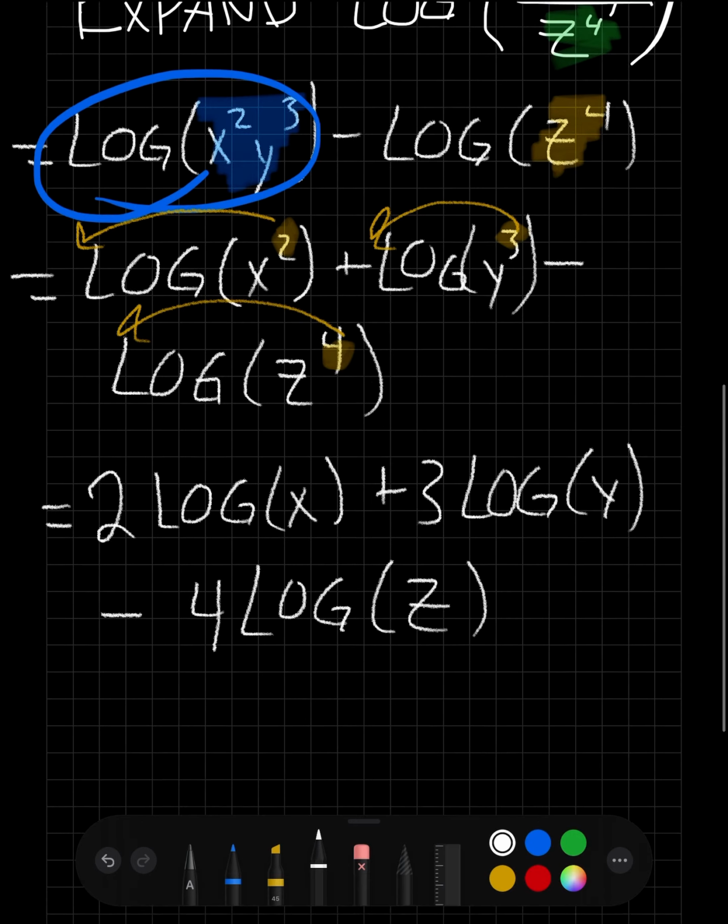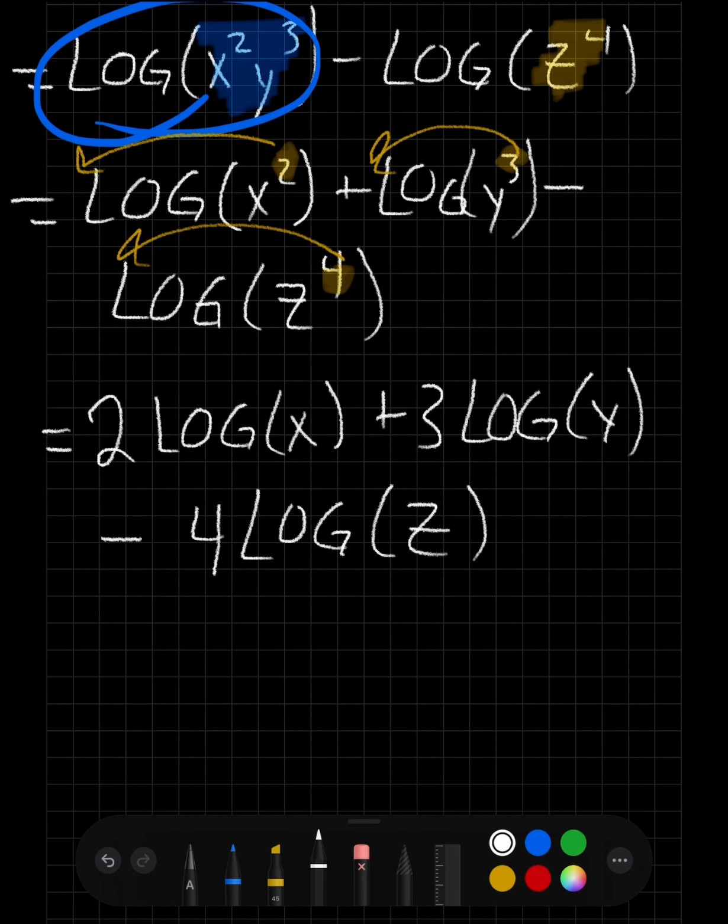So that's what it means to expand this logarithm. And I know that I'm completely done because there's nothing else I can do to simplify the statement inside the parentheses for each of these logarithms. By the way, you would call this in here the argument of the logarithm. So the argument here is in fully simplified terms.